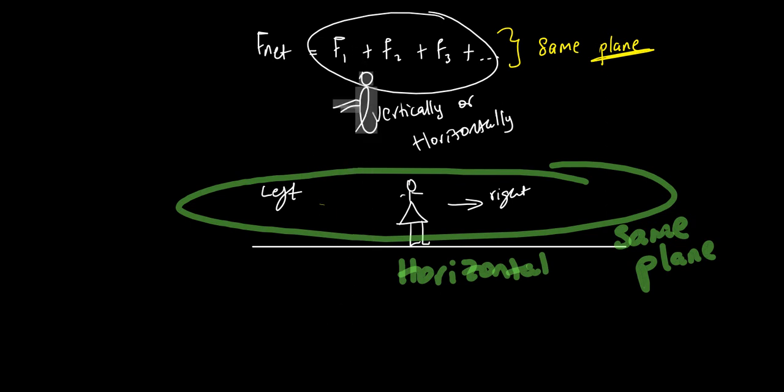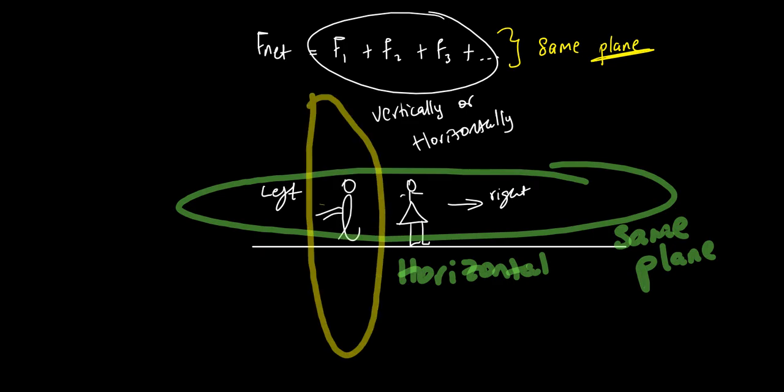That one is called a vertical plane. So understand the following: there are forces that act in the horizontal plane, and forces that act in the vertical plane. Never should we add forces acting in different planes in one equation. For example, let me give you a practical example.